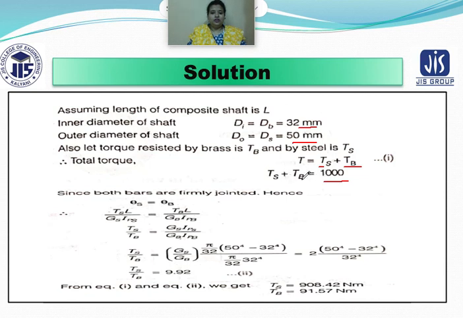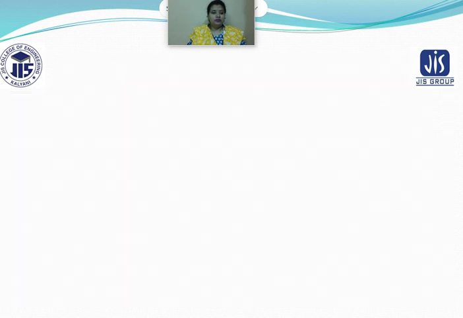If you put it here and solve the equation, from equation 1 and from equation 2, you will get the answer of Ts and Tb, that is the torque for steel and torque for brass. So torque for steel is equal to 908.42 Newton meter, and torque for brass is 91.57 Newton meter. So it is easily solved from this particular problem.